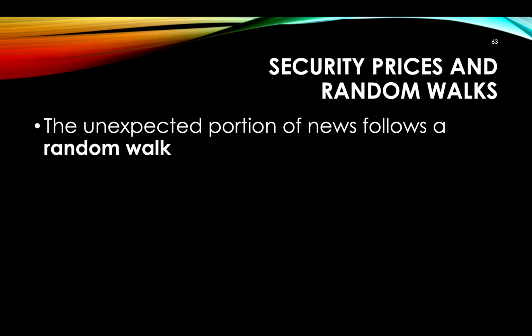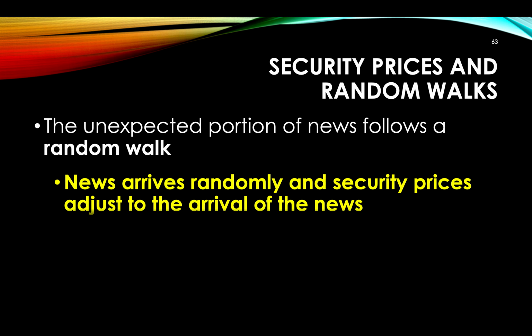Now, related to this is the unexpected portion of news that comes out, which results in changes in stock prices. That's called a random walk. The prices walk up and down. We don't know where they're going to go. We don't know what the news tomorrow will be about a company.